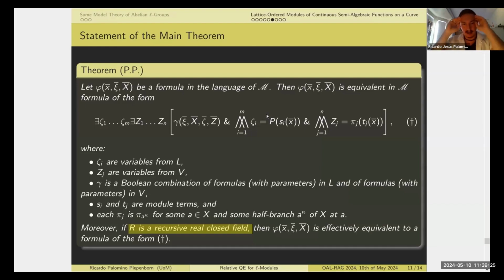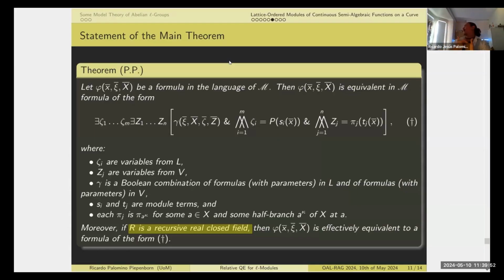So once again, the upshot is that if you want to consider first-order properties of the lattice-ordered module of continuous semi-algebraic functions on a semi-algebraic curve, then every such first-order property can be translated into a Boolean combination of properties of its lattice of 0 sets and properties about its ring of one-sided germs, right?